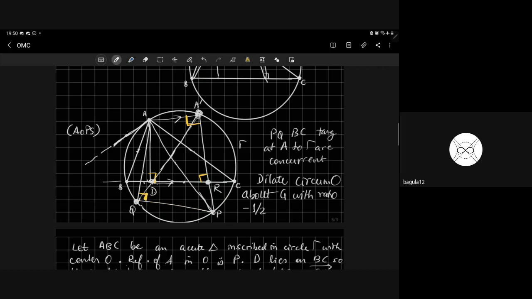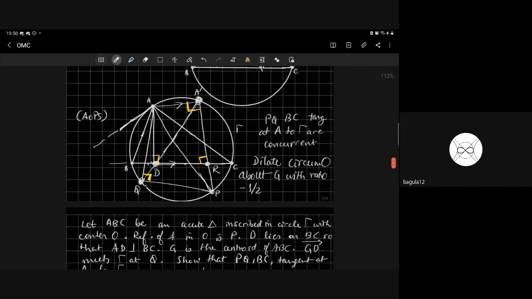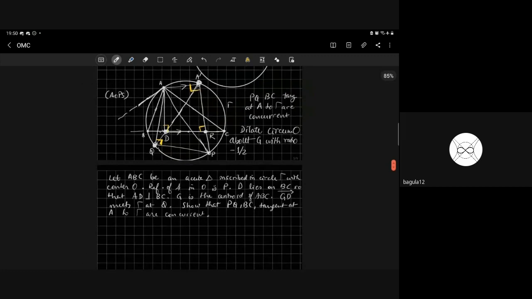If you look at this, it kind of reminds me of something called the Simpson line. The points Q, D, and A prime are collinear, and they are all associated to the point A with some right angles, correct? The Simpson line of A. Simpson line of A with respect to what triangle?